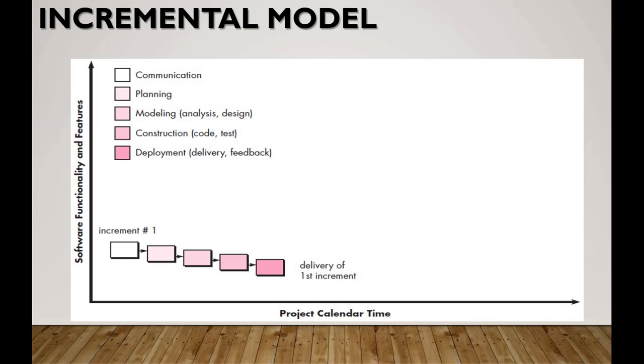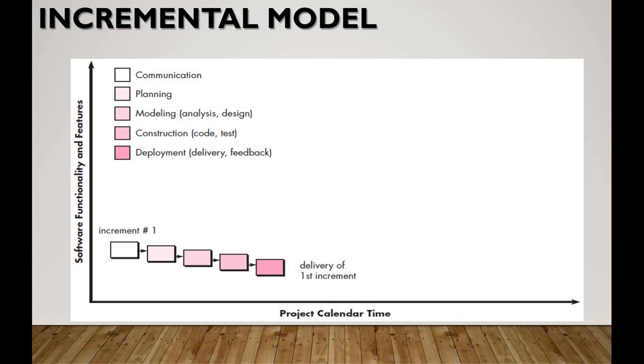So here we will have some functionalities that the user has given. We will divide them into some increments. Meaning the software development team analyzes the data on what software is to be made.